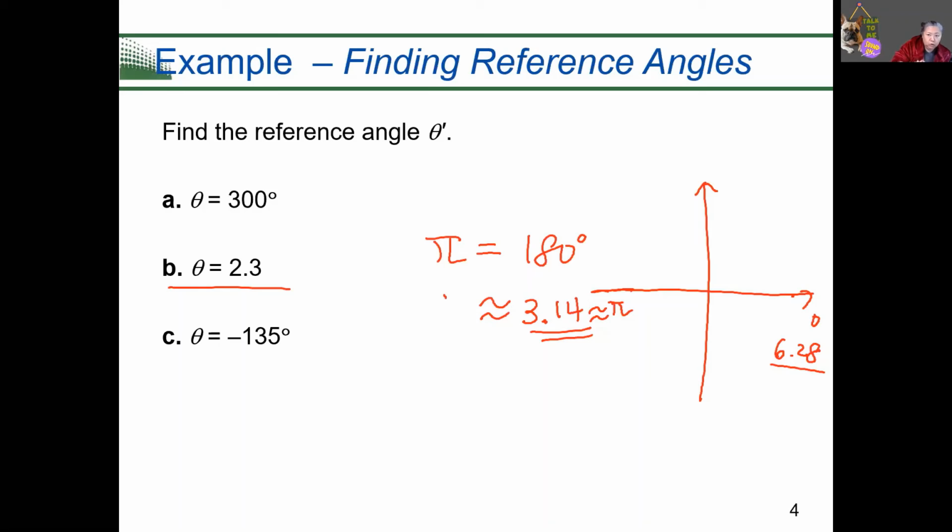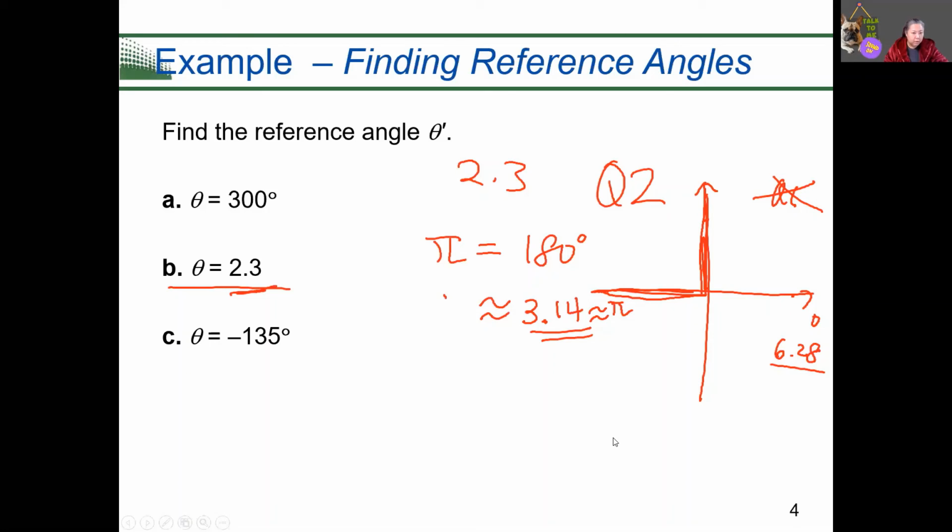Then to place 2.3, we know for sure it's not going to be quadrant 1. It should be between this and this, so it's quadrant 2.